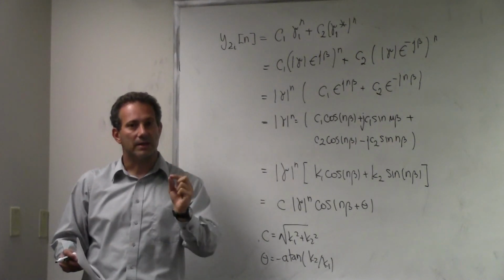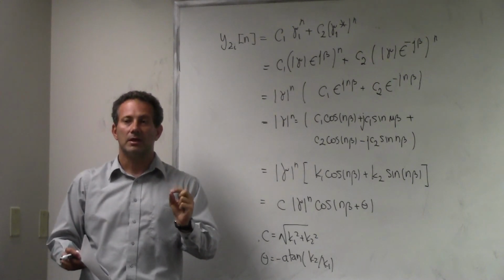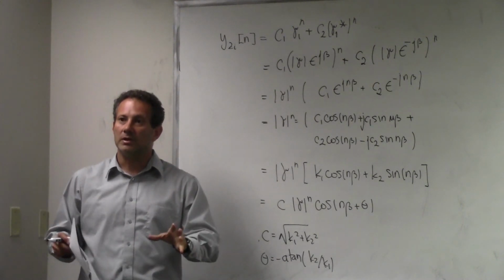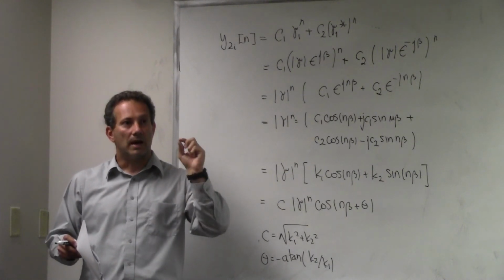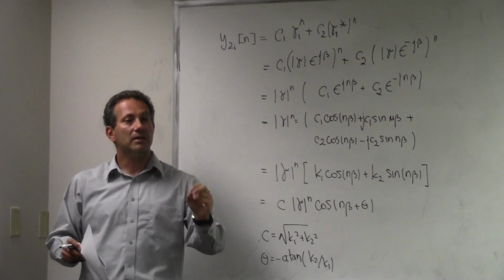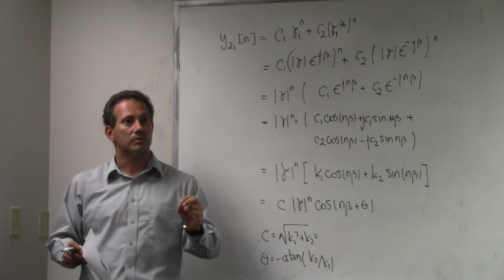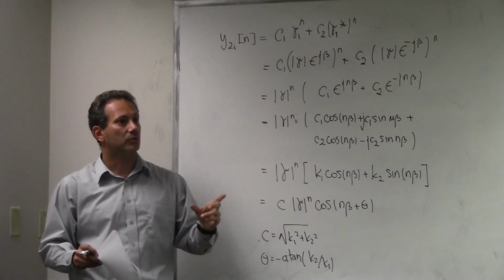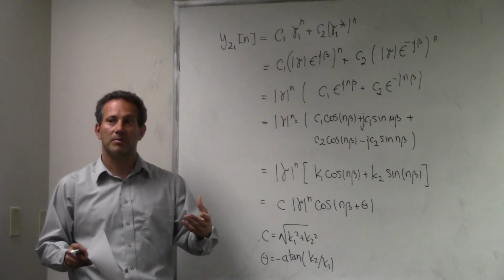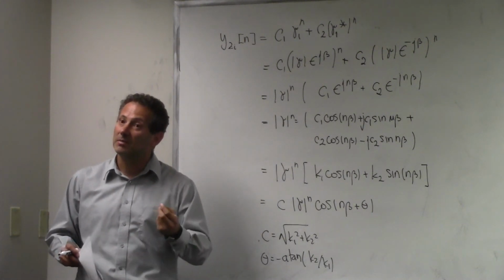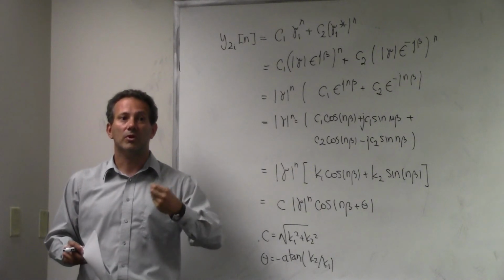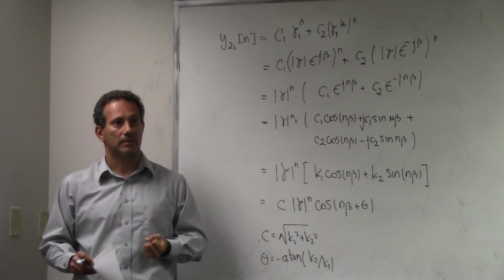The only thing that I can say about a given system is that no matter what the initial conditions are, the output of it is going to be a linear combination of characteristic modes. I will always be able to mix characteristic modes appropriately to form the output, and how I mix them will depend on what the initial conditions were.